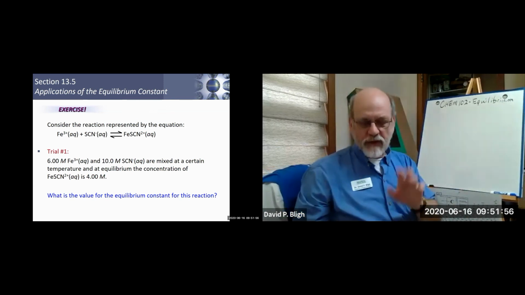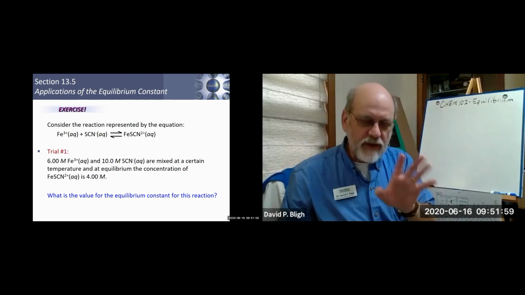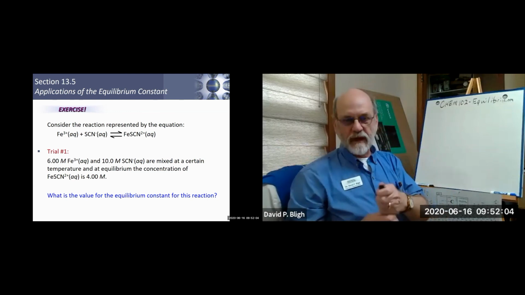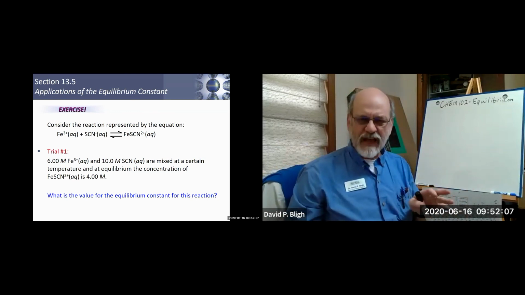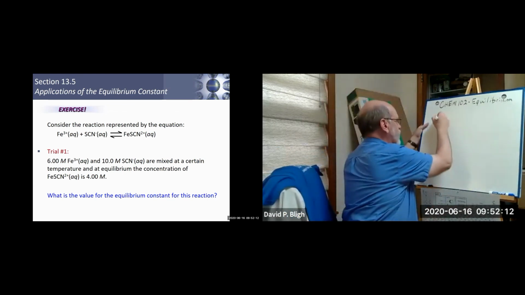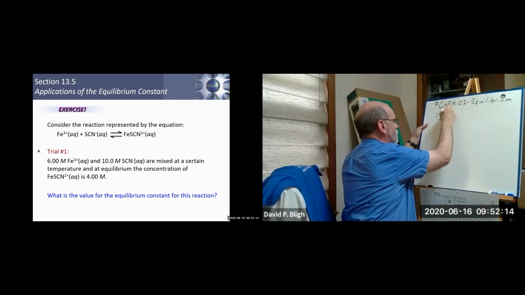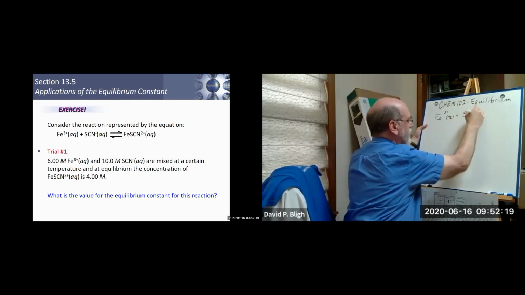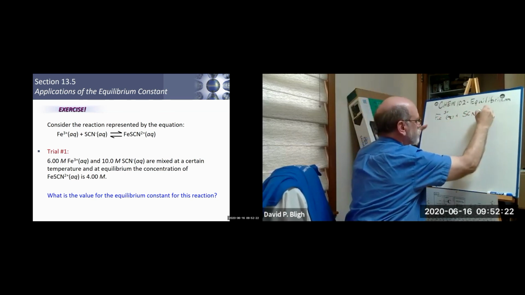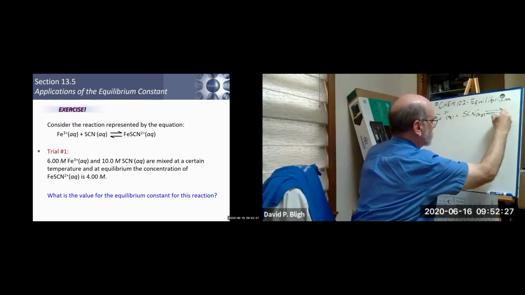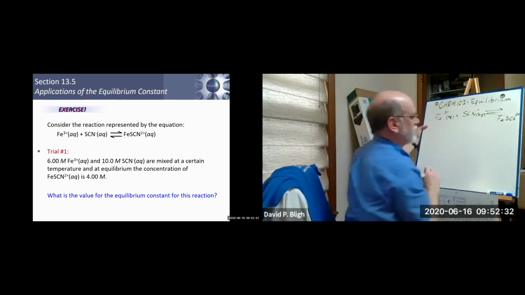So even though the next couple slides do this for us, I'm going to do it up here because sometimes the slides don't show you how you get to that point. So let's say here's our reaction. All right, aqueous solution, and then the thiocyanate ion, aqueous solution, in equilibrium with the iron thiocyanate ion.